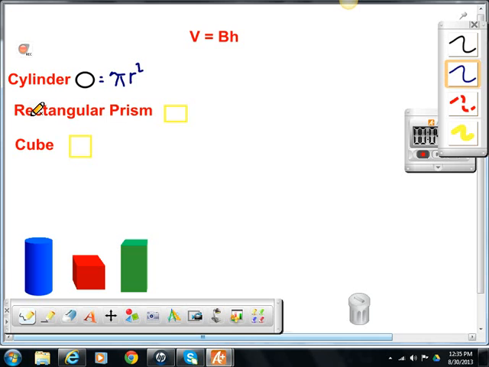The area of the rectangle is length times width. And the area of the square base of the cube is side times side.